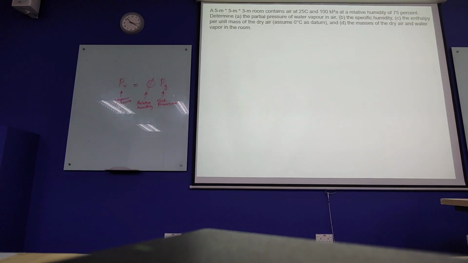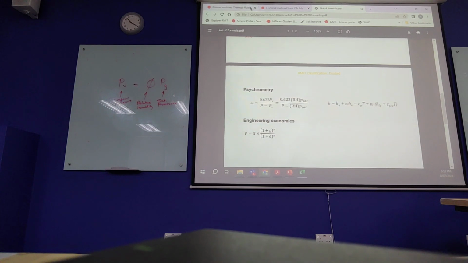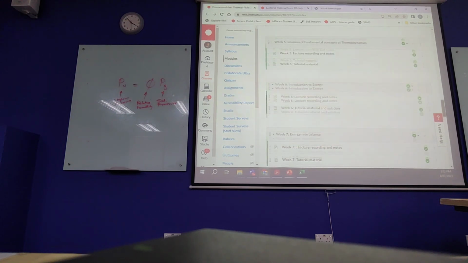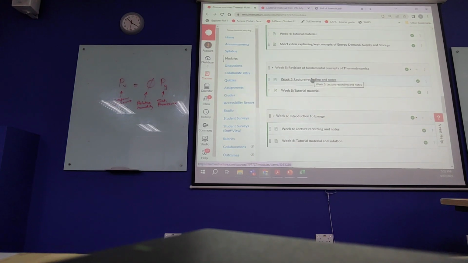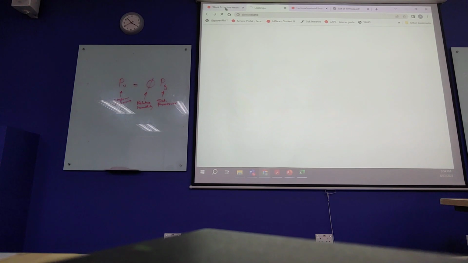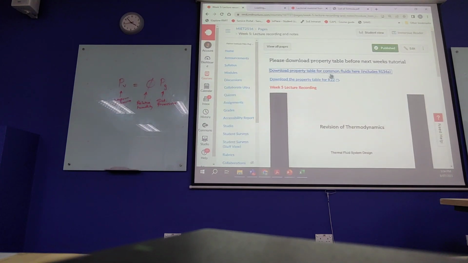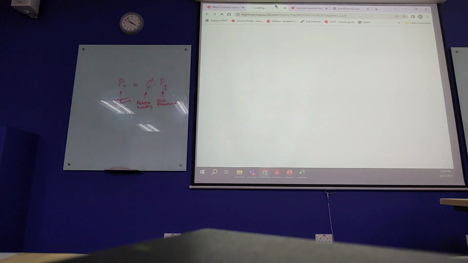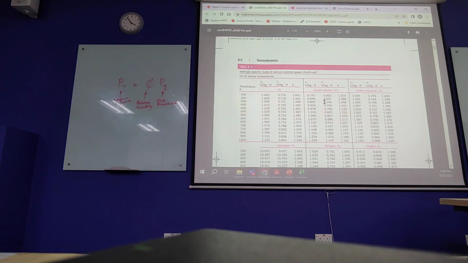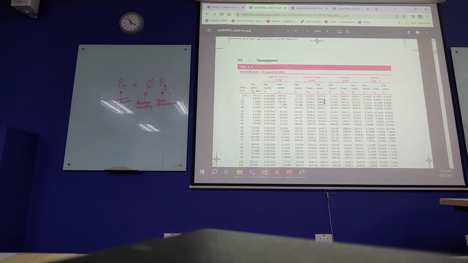If you go to week 5, everyone go to the week 5 lecture recording, and that first table, the property table, that first one there, which has got water properties. Yeah, these. We go to table A4.